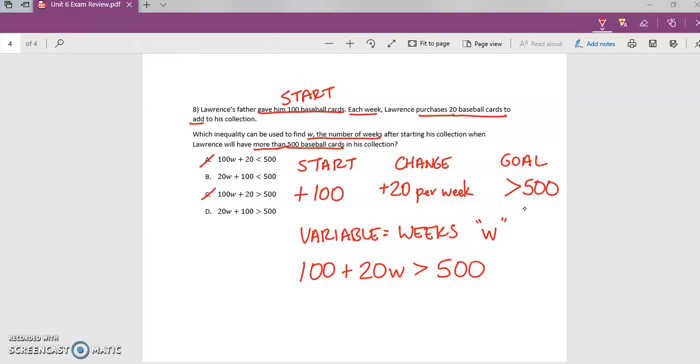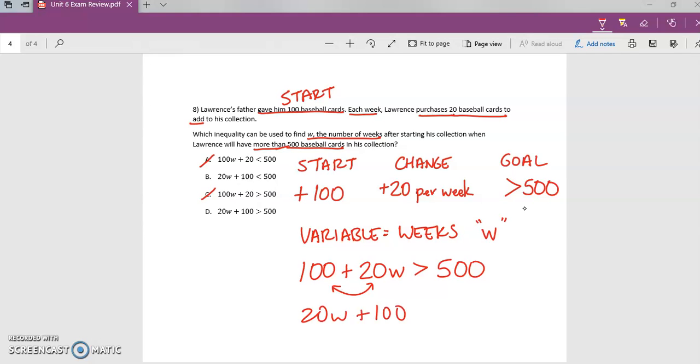But B and D look pretty similar. Okay, so 100 plus 20W is greater than. Letter B says 20W plus 100, so they just switch these.